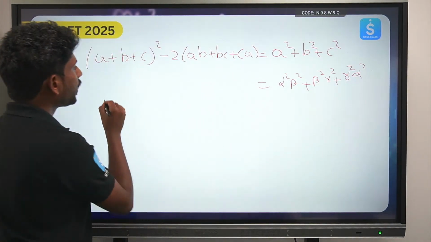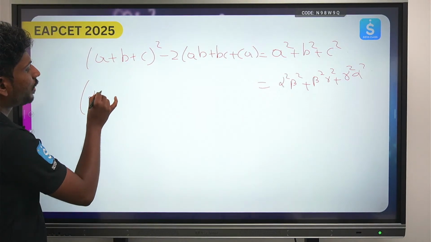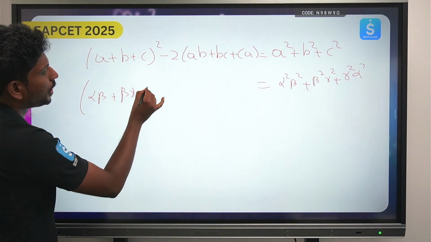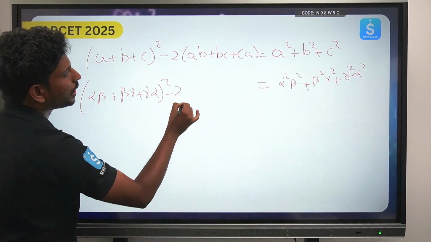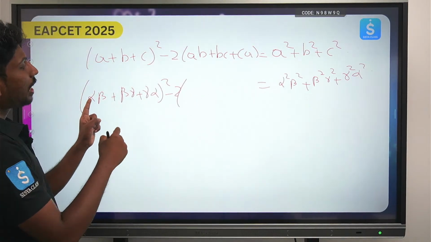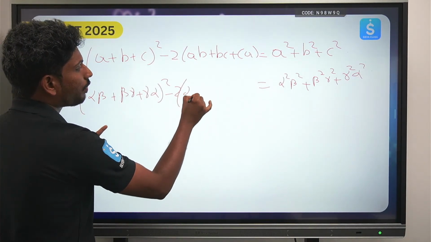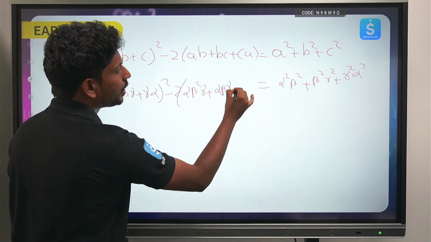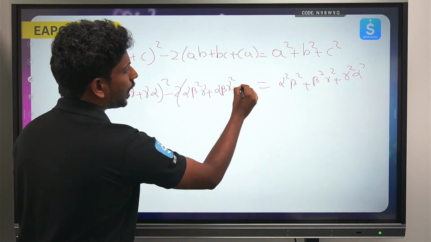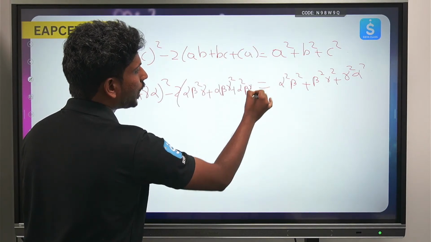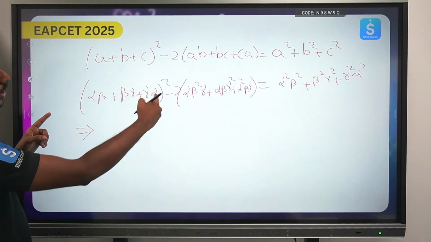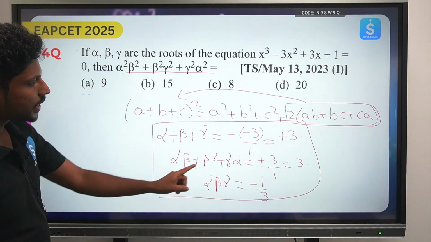So now we have this as (alpha beta plus beta gamma plus gamma alpha) whole square minus 2 times of, this will become alpha beta times beta gamma, so that will become alpha beta square gamma plus alpha beta gamma square plus alpha square beta gamma. From here, alpha beta plus beta gamma plus gamma alpha is nothing but 3.